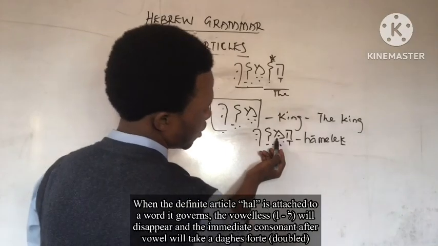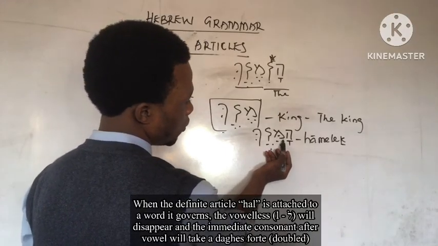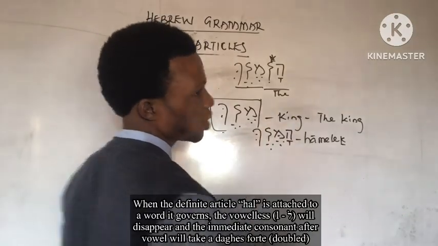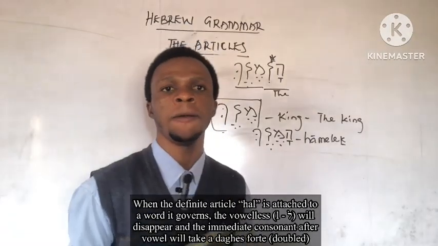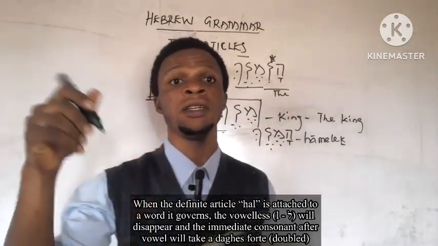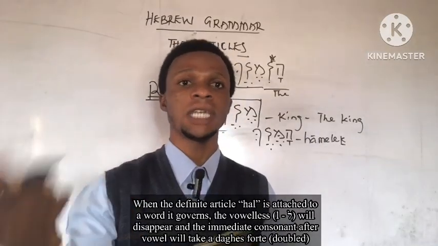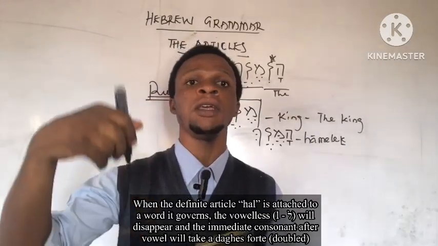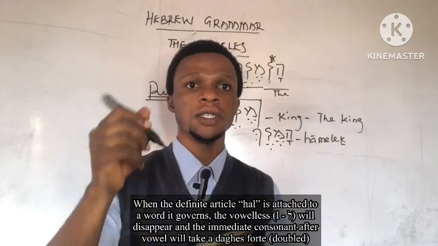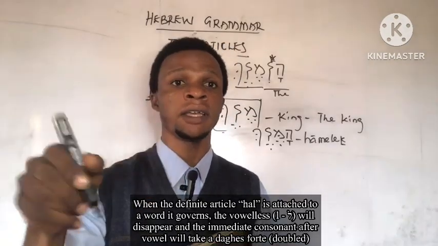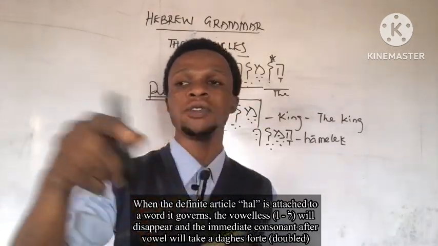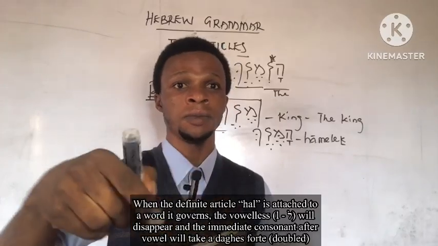Now look at this. This is the point here. After removing this, there's something. If you study the topic Dagesh, there are two types of Dagesh: Dagesh Lene and Dagesh Forte. Dagesh Lene is used either for adding to a word or it is removed.